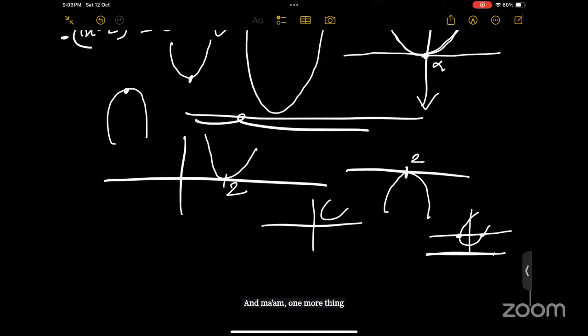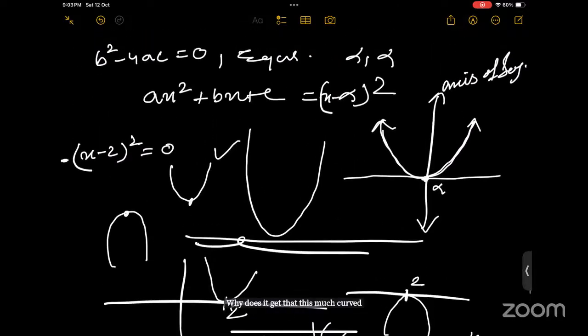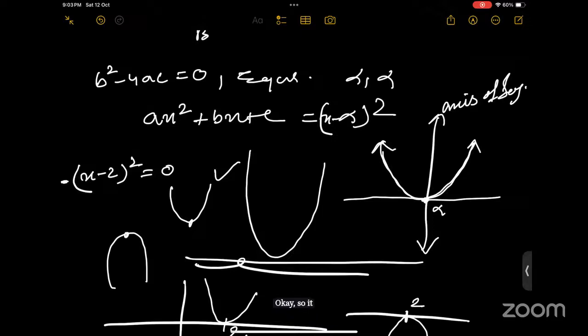And ma'am, one more thing. Why does this parabola have this curvature in this graph? Because it's very strange. We have just seen straight lines and sharp edges. Why does this get so curved? Okay. So the parabola is nothing but a polynomial, right? Yes, ma'am. So a polynomial is differentiable everywhere.